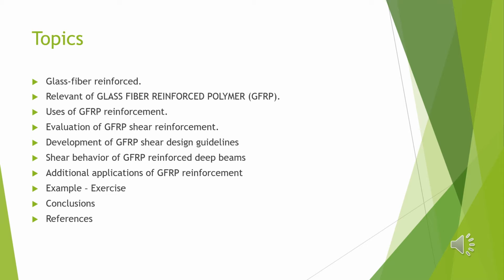Third is the use of GFRP reinforcement, continuing with the evaluation, development, and shear behavior of these reinforcements and beams, and the additional applications of GFRP reinforcement. Finally, I'm going to explain the exercise according to the methodology of the course, the principal or most relevant conclusion about this topic, and finally the references.